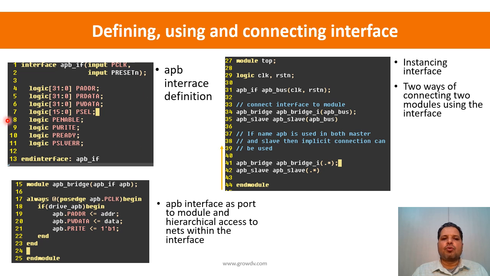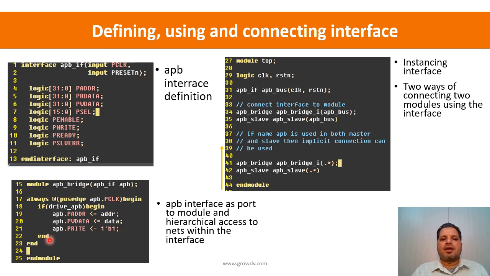So this is how you declare an interface, and once you have declared it, you can use it. For example, in a module, I am declaring a port of the type APB interface. So in a module I can declare an APB interface apb, and then this port can be driven by using the dot notation.